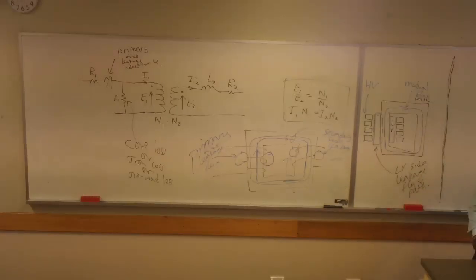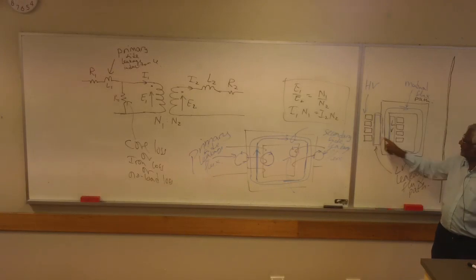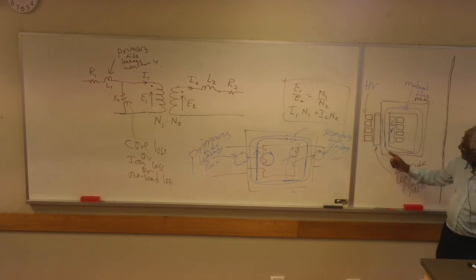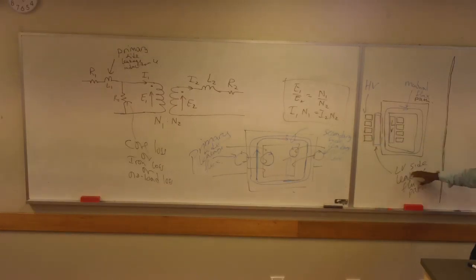Can you see this? Unless you fully understand what flux and flux linkage mean, you may not see this. So I ask you the question. The black flux path, does it link the HV winding? You can see that it doesn't. So that is the flux path for LV side leakage flux path.